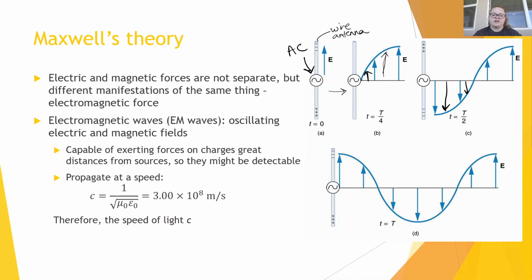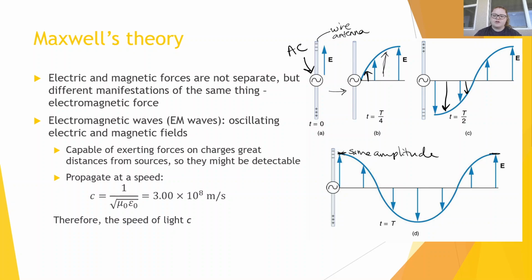And we continue all the way through one whole time period, t, and we see that it ends up back at the same original amplitude. So here and here are the same amplitude.